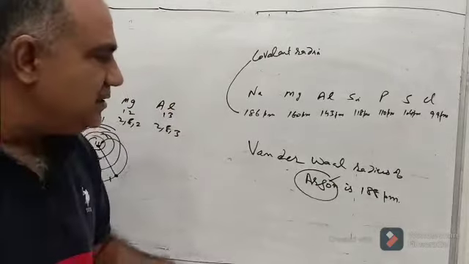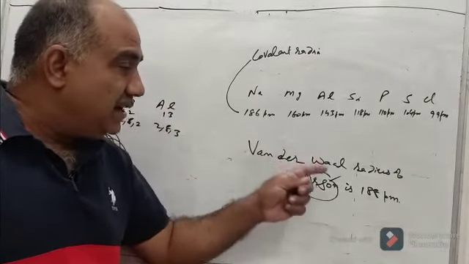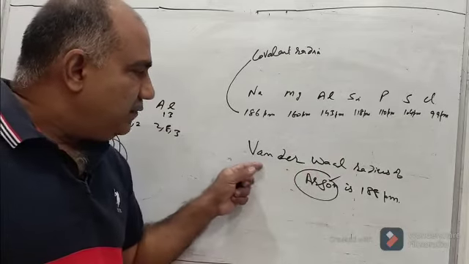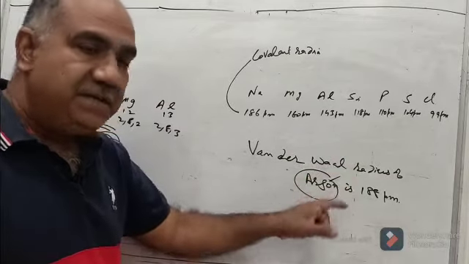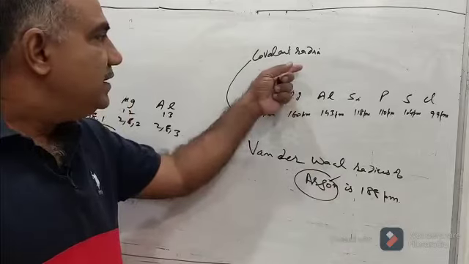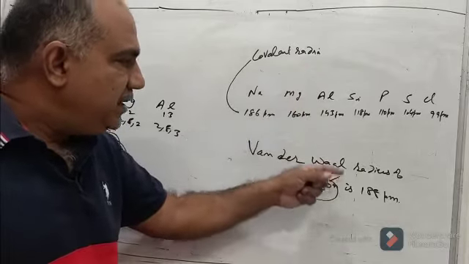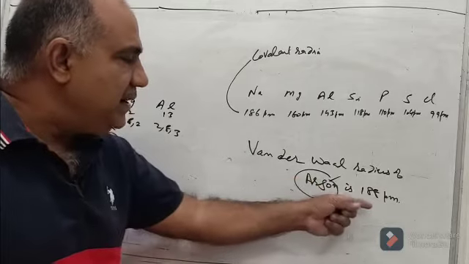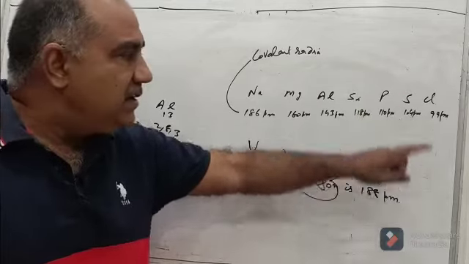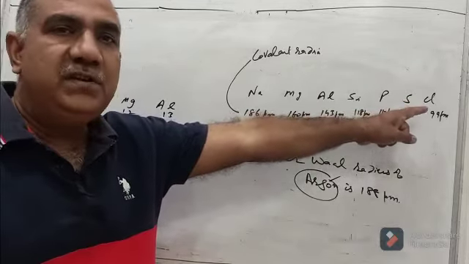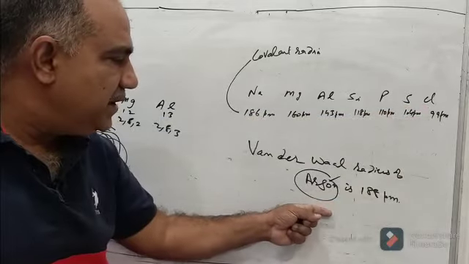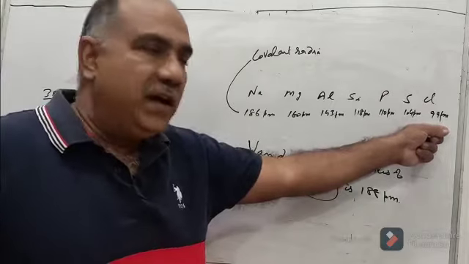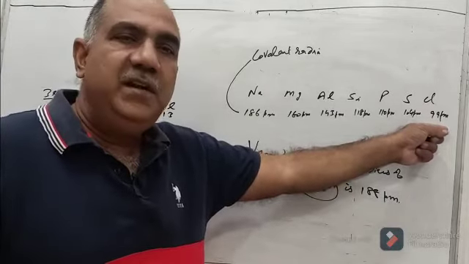For noble gases, the radii are referred to in terms of van der Waals radii. In every period you will see that the van der Waals radius will definitely be greater than that of the halogen in the same period. So here the van der Waals radius of argon is 188 picometer, whereas for halogen chlorine it is 99 picometer.